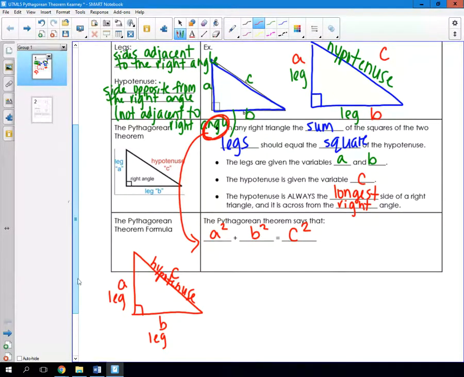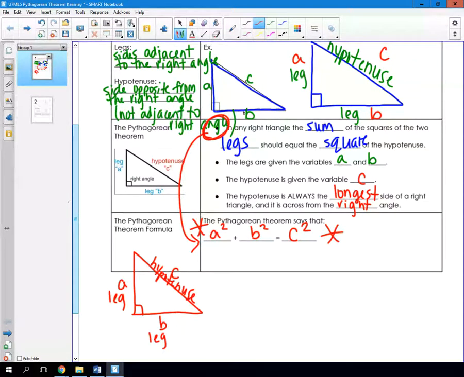So A squared plus B squared equals C squared. That's super, super mega important. You need to file that in your memory from now until forever. Anytime you have a right triangle, you can take the two legs, square them, and add them up, and that's going to give you the hypotenuse squared.